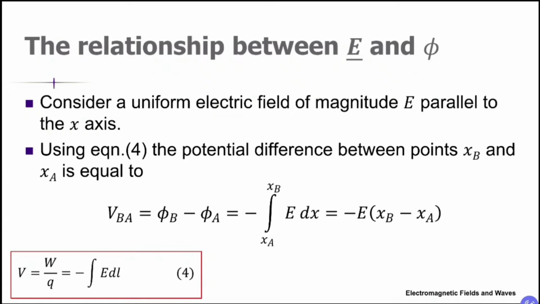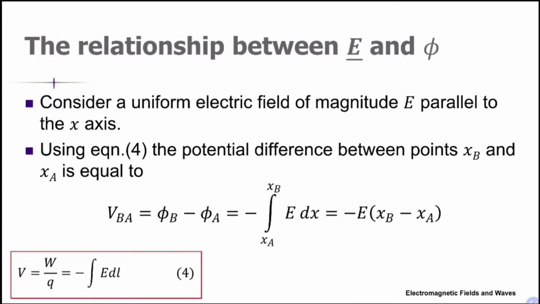And just now we found that the potential difference is equal to the electric potential at point B minus the electric potential at point A. And that will be equal to minus the integral from xa to xb of E dx. If I do this integral, that will be equal to minus E times xb minus xa.